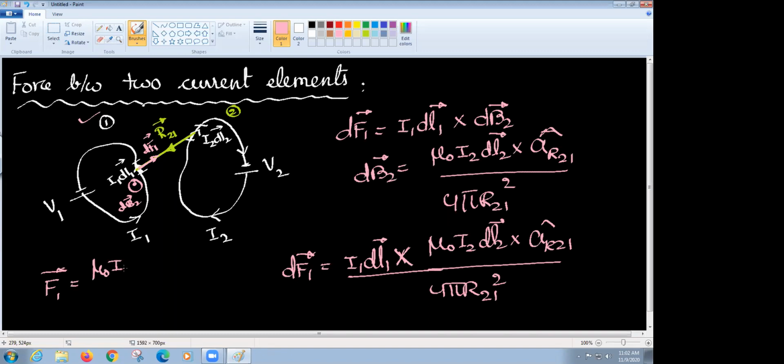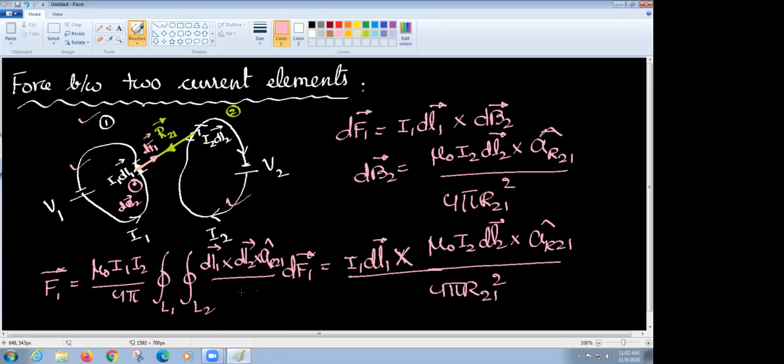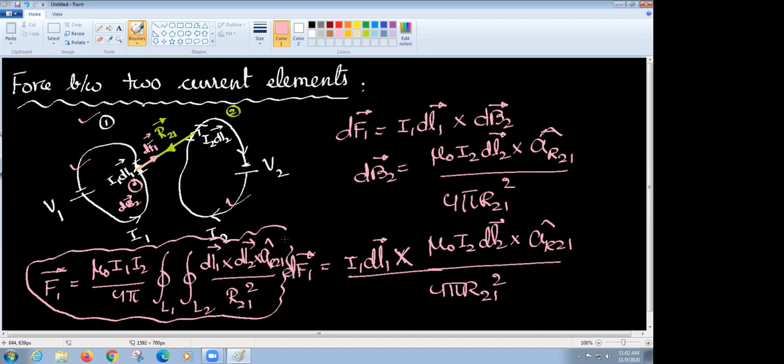Mu naught I1 I2 by 4 pi, times the integral over closed loop 1 and again over closed loop 2, of dl1 cross dl2 cross a_R21, all divided by R21 squared. Is it clear? Yes, sir. This is a highly vectorial representation.